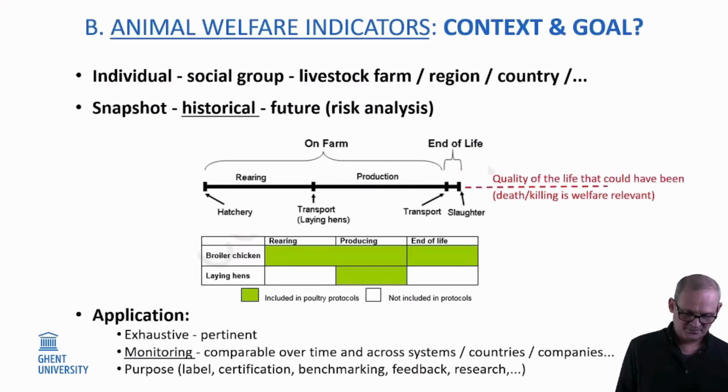Is the purpose for a labeling scheme or a certification scheme, or to benchmark different farms, to give feedback to farmers on how they can improve welfare on the farm? Or is it for research purposes? So these will all have a very big impact on what would be a suitable indicator to use.